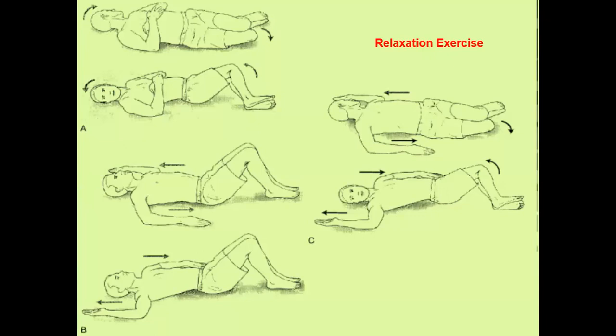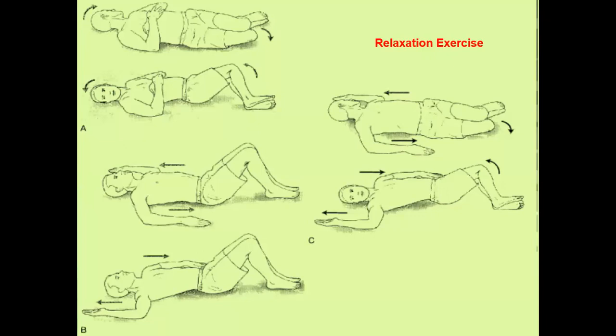Then the right side should be abducted, the elbow partially flexed, and the wrist extended. The same thing you have to repeat, right and left, simultaneously.